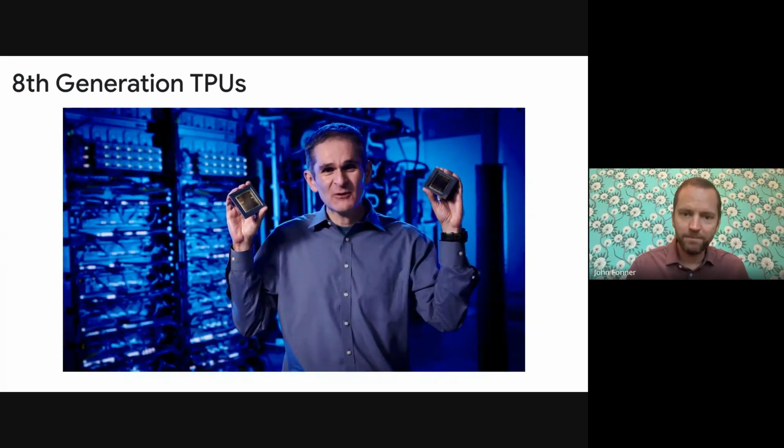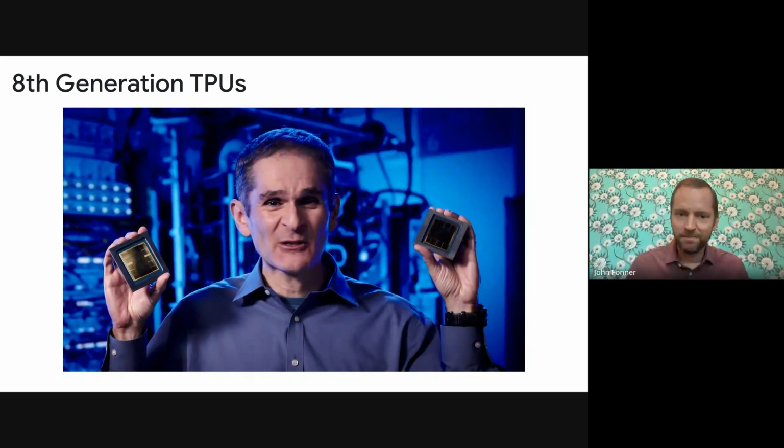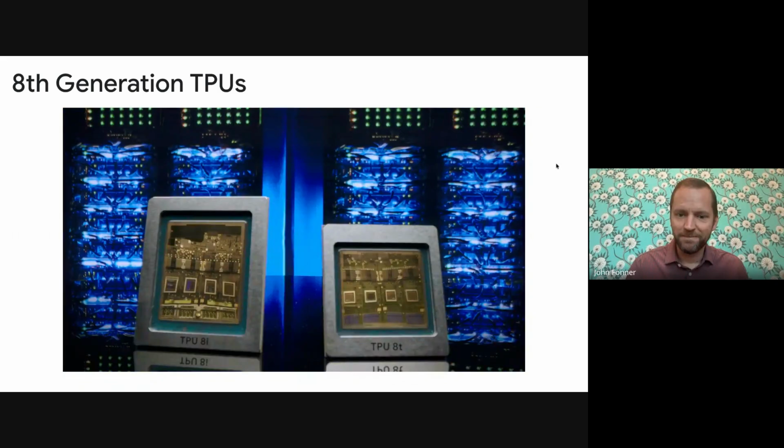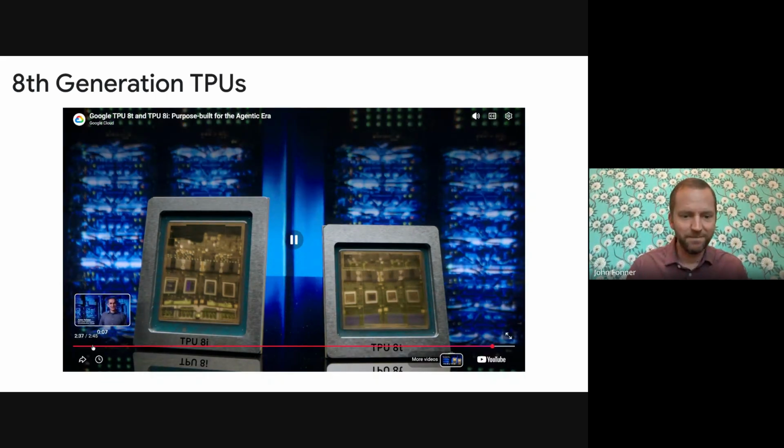These next-gen TPUs will power Google's own AI infrastructure needs to build the best models, like Gemini, and these will also be available for our Google Cloud customers by the end of the year. We can't wait to see what the world will build with the power of TPU 8i and TPU 8t.